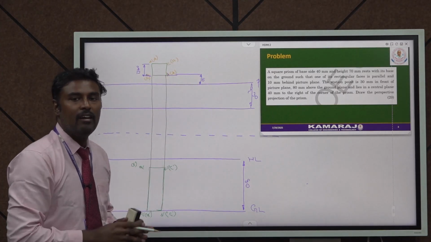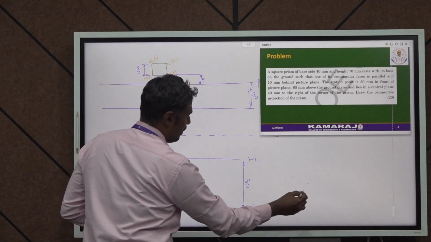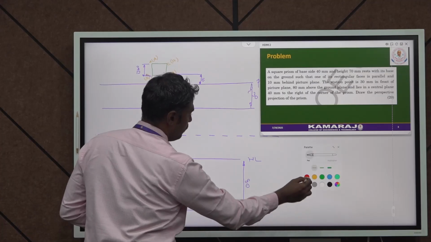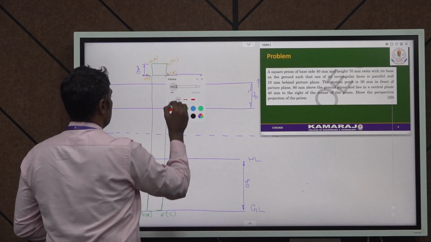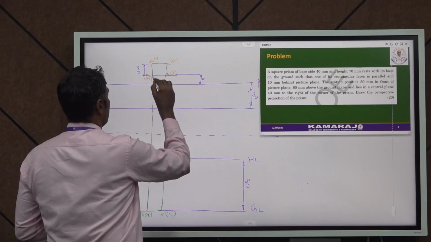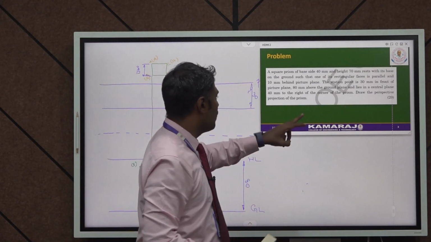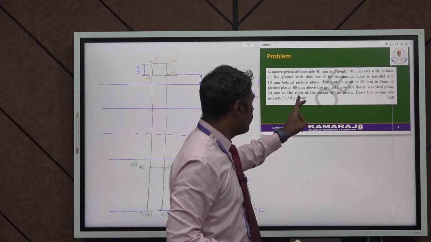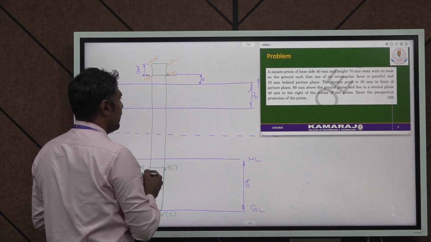So first you have to locate the corner of the prism. Here you have two corners. This is corner number 1, and this is another corner. The station point is 40 mm to the right of the corner of the prism, and this is the right hand side.